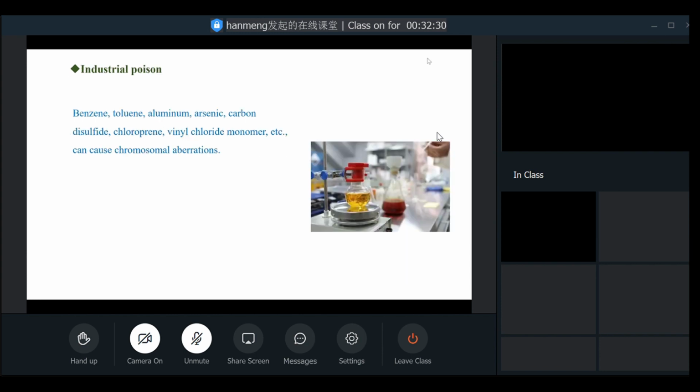Next is the industrial poison. Around us, we will not meet this industrial poison, but workers in industry will meet them every day.